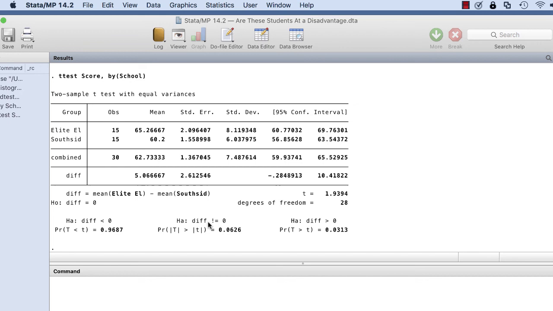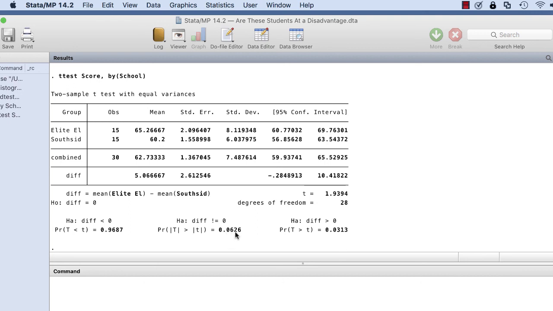If we look at this middle part of our analysis, what this is telling us is whether the difference between the mean for Elite Elementary and Southside Elementary is equal to 0.